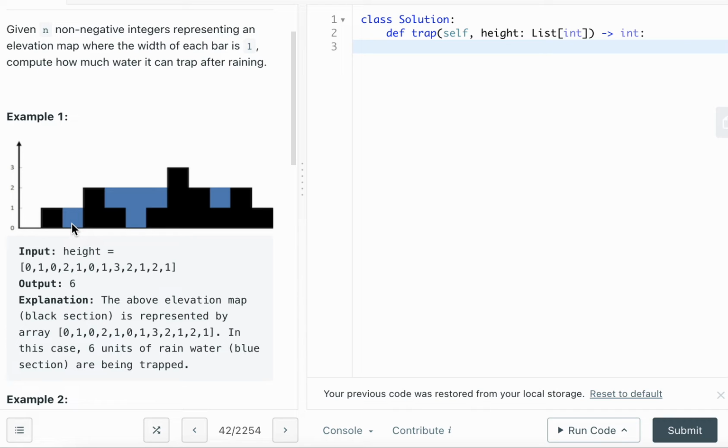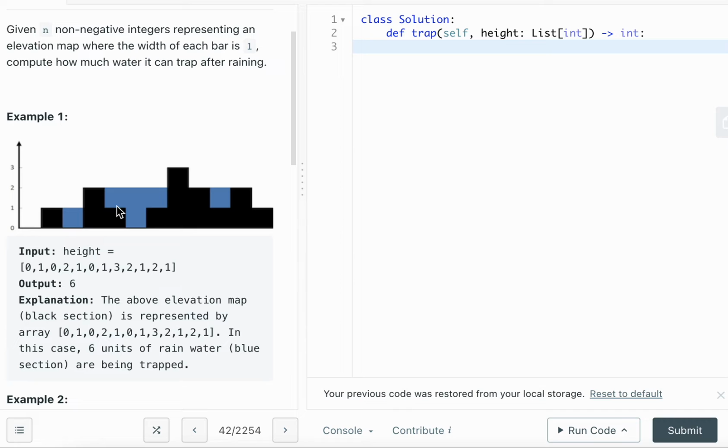On the left side there's 1 unit, on the right side there are 2 units, and how many units it can hold is 1, because it will take the minimum of the left side and the right side. So it can be only 1, right? This one, same thing.